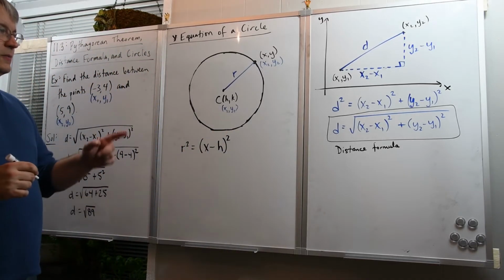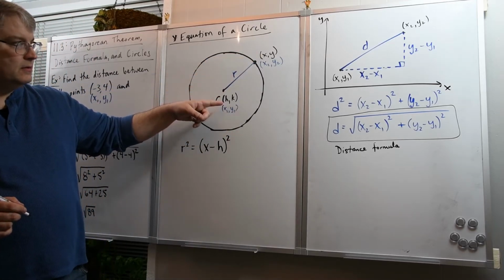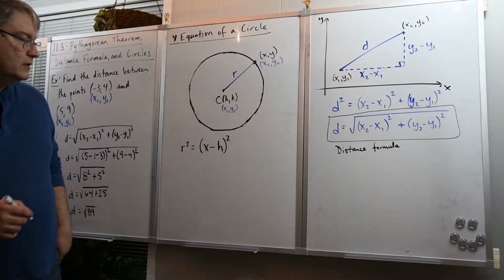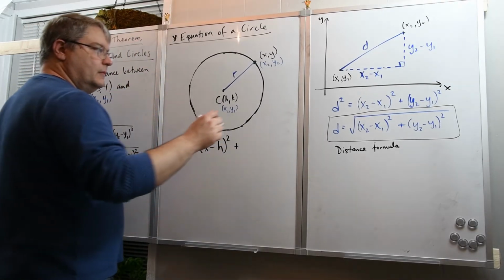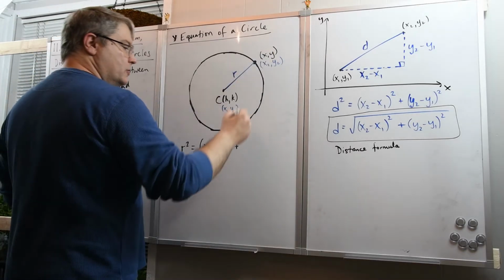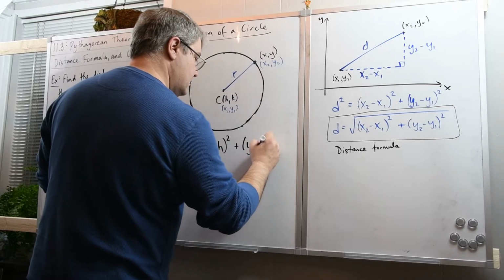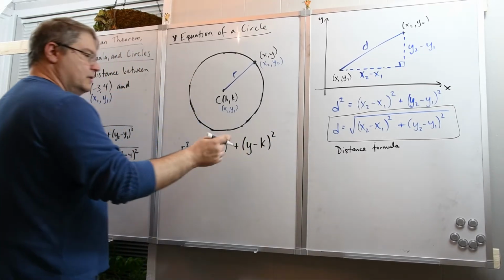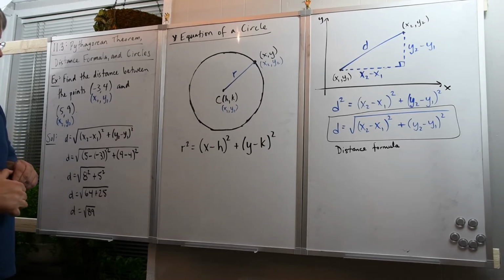So the x2 minus x1 raised to the second power is going to be x minus h raised to the second power. We're going to add to that the square of y2 minus y1. y2 is y, y1 is k, so we finish out the right side with the square of y minus k.